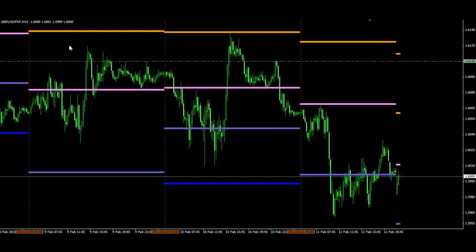There was a short position right in this area here. Without putting anything on the chart, what do you suppose that this high is in here?